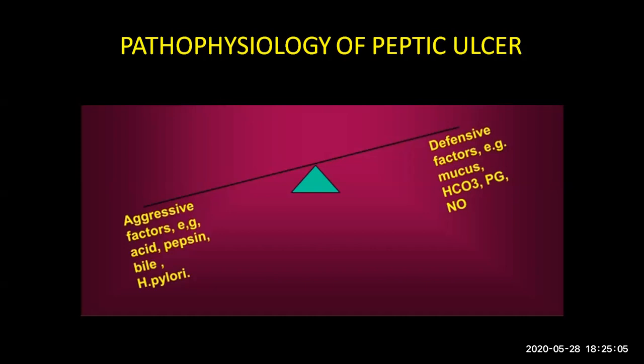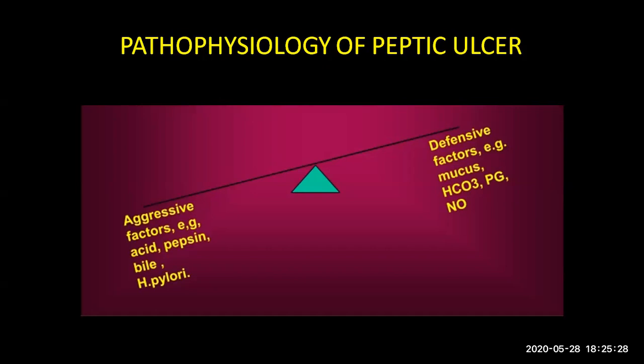What is the pathogenesis? It is mainly due to imbalance between the aggressive factors and defensive factors. Aggressive factors include gastric acid, pepsin, bile, and also H. pylori. These all aggravate the causation of peptic ulcer, whereas the defensive factors are very weak. When they are weak, the ulcer occurs.